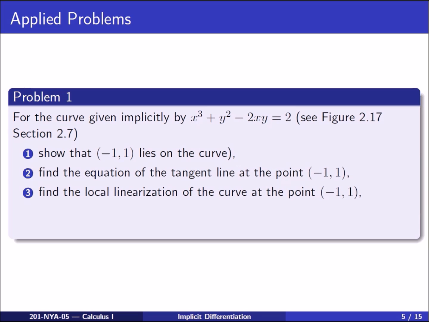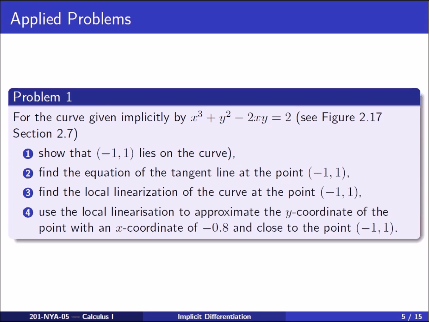We want to find the local linearization of the curve at the point minus 1, 1. And finally, we want to use that local linearization to find the y-coordinate of the point with an x-coordinate of minus 0.8, which is close to the point minus 1, 1 that is used in the local linearization.